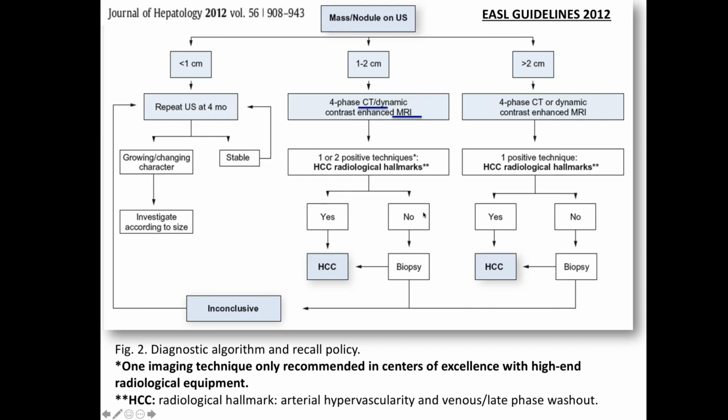Obviously, this is a black and white picture, and not all lesions fall into the categories. For instance, we might have lesions which do not fulfill the criteria to be HCC, but cannot be biopsied. So we don't know where to put these lesions. And moreover, a lesion biopsy might be false negative, and for these lesions we don't know whether they have a higher or lower risk of being hepatocellular carcinoma.